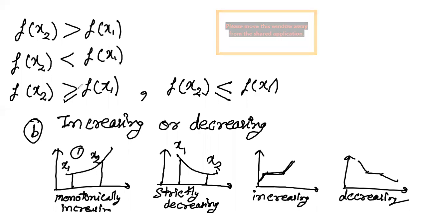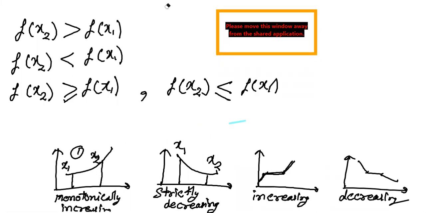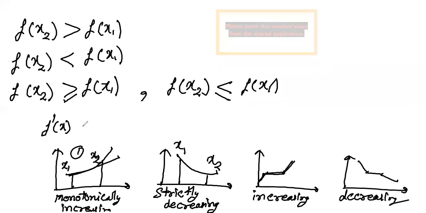Now, the same thing with derivative. As we know, derivative means slope. In this case, at every point between x1 and x2, slope is increasing. So we will say f dash x is always positive. There is no zero, only positive, because this function is always increasing.